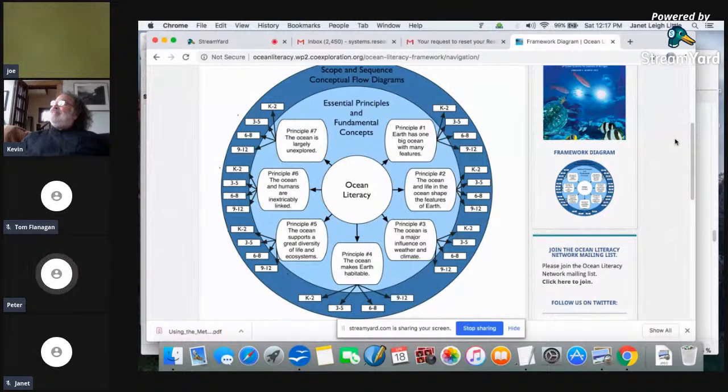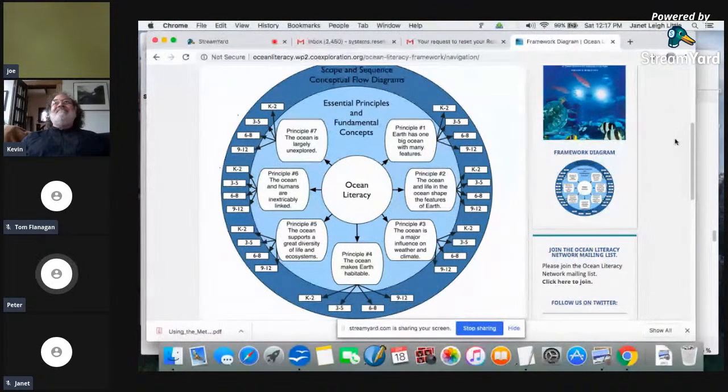So a task was to get ocean scientists to agree on a definition of what ocean literacy meant, and then what seven key principles they felt every student should know by the time they graduated from high school. And then to support those principles, a number of concepts were elicited.